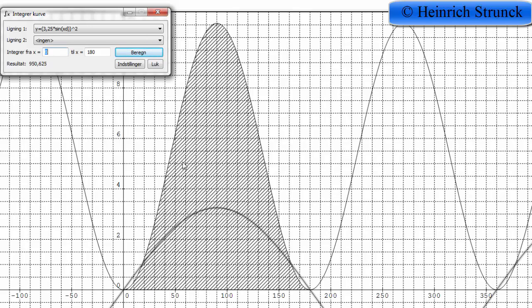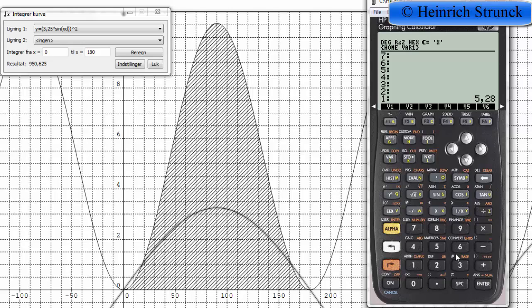And now we have the squared area here. It is the total power area, 950.625. And we can take the calculator, 950.625, and divide by 180 degrees to get the average value. And we got 5.28. So the average value is 5.28.